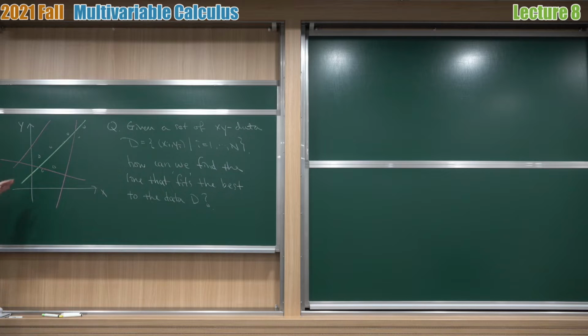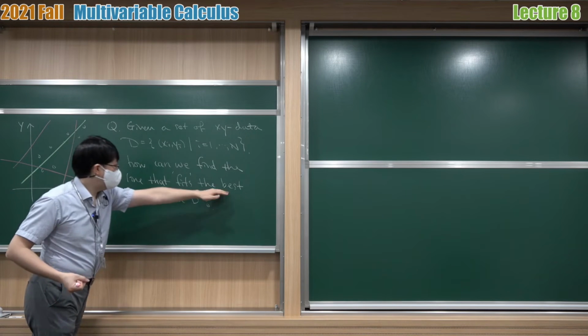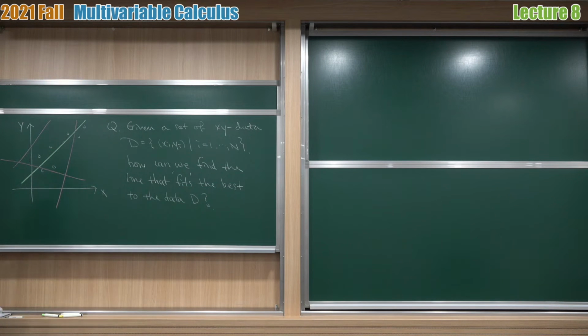But you know by intuition that this kind of line fits better than the other lines, right? So how would you define that it fits the best to the data? How would you compare that the red line fits the data less than this green line?